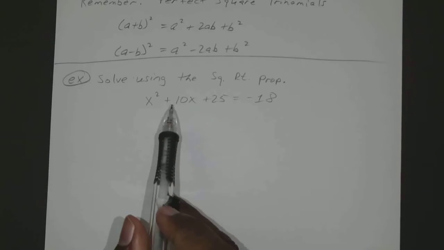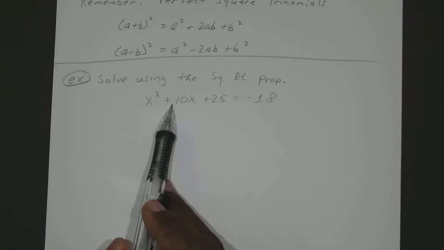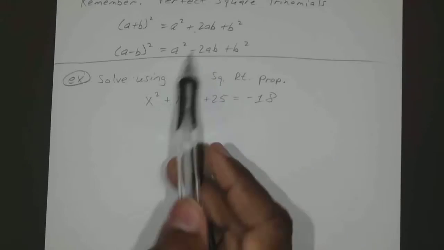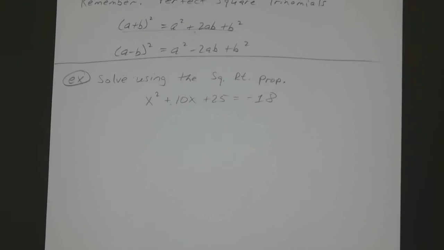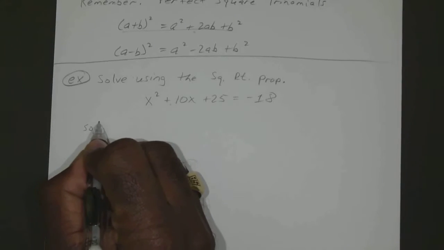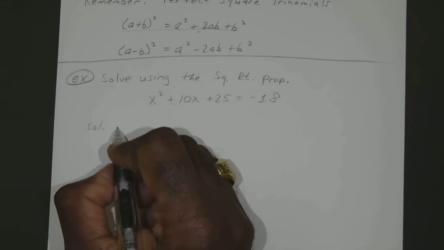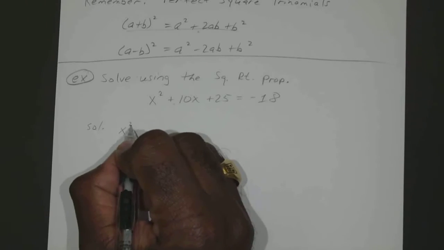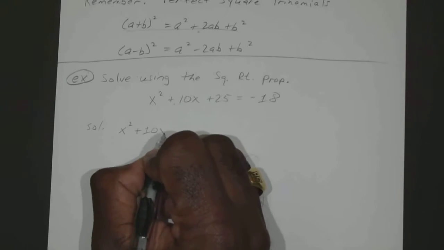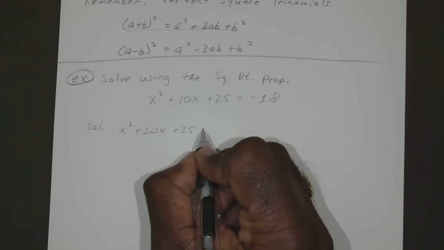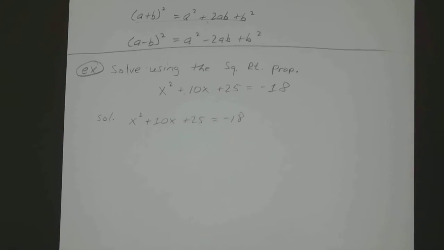Okay, so this middle term is positive. So since the middle term is positive, we're going to use this one. Okay, so x squared plus 10x plus 25 equals negative 18.